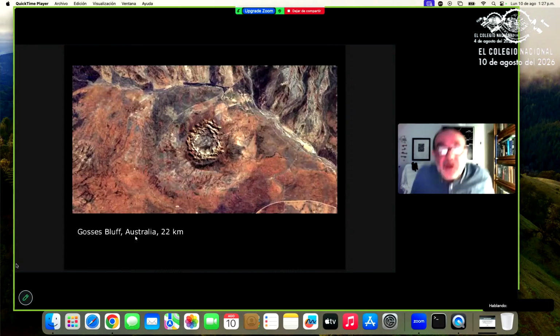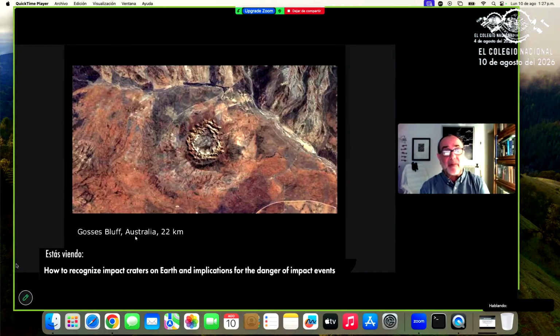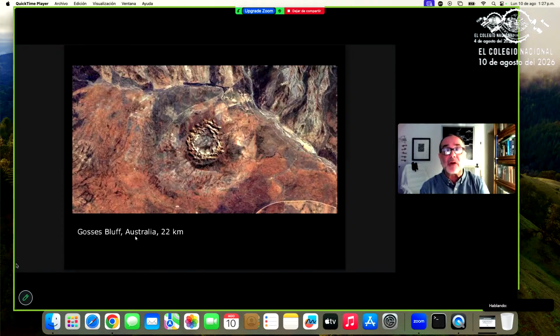This one shows a crater in Australia. And you see there's this circular chain of rocks in the center. On the bottom, I wrote that it's 22 kilometers in diameter. And you think this is that main ridge of rocks that you see here. No, it's not. In fact, if you look carefully, you see a circular outline going around further on the outside.